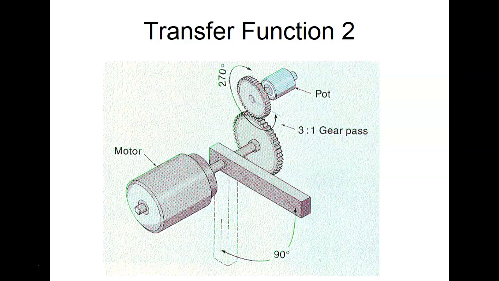That makes sense? So you have to figure out the gear ratio if you go through gears. So here my transfer function would be my voltage. What did I say? 12. Yeah, 12 volts divided by 90, because that's what we're trying to sense. So when we get this voltage out, then that would say, okay, it's at 90 degrees.